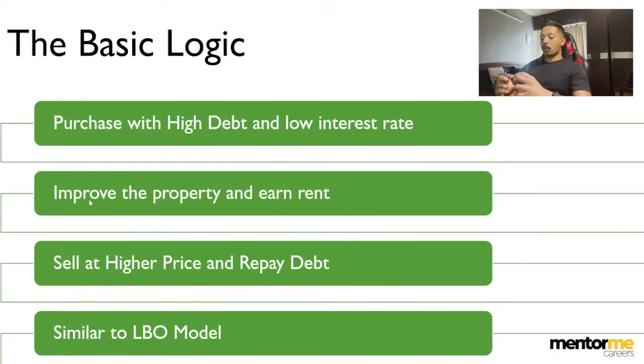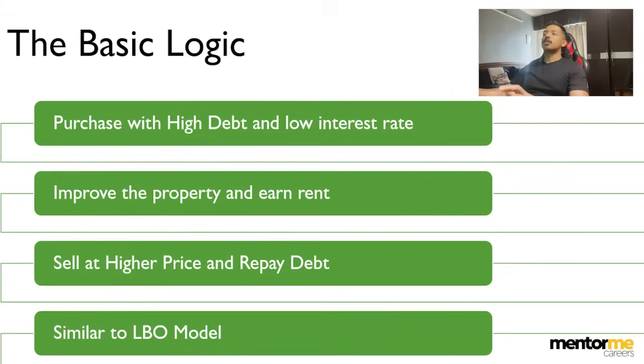So you acquire it with maybe around 70 to 80% debt, buy that property, either improve it or earn rent from it through the years, get your cash flows back, maybe even manage your interest payments using the rent of the property, and then eventually sell it at a higher price at a later date.